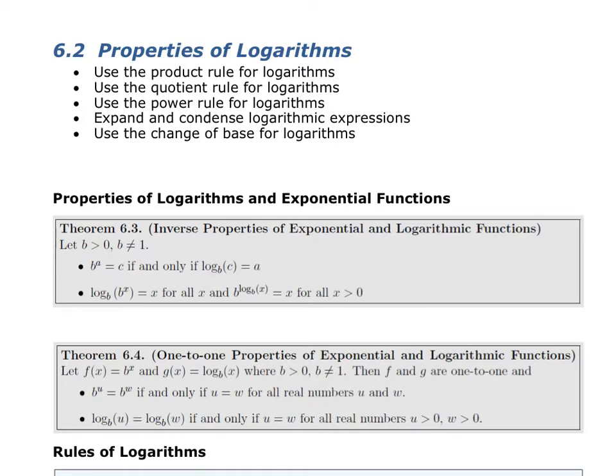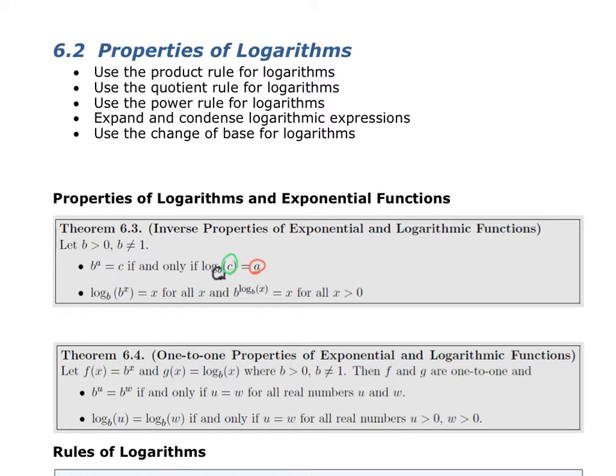The first one that we are going to look at is Theorem 6.1. And we know this from our previous section, that this is the base, this is the exponent, and this is the answer.